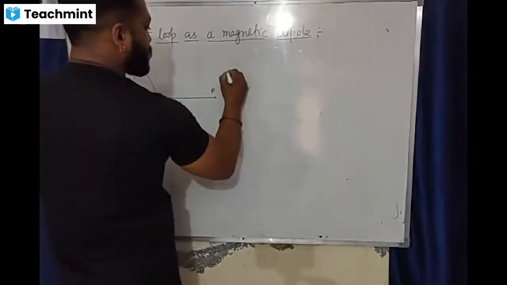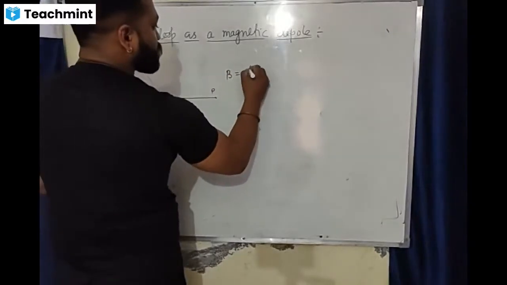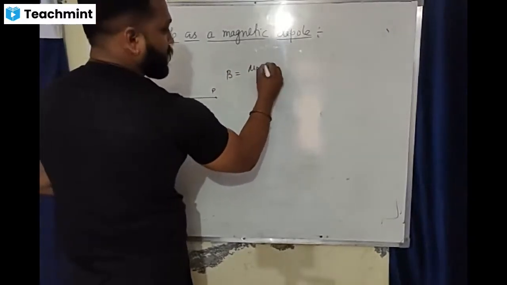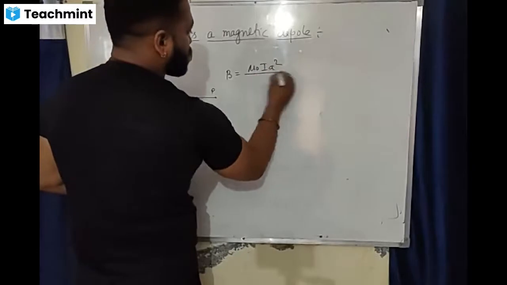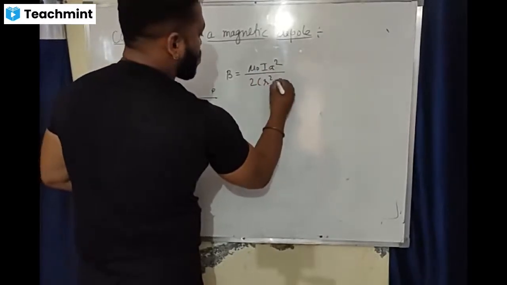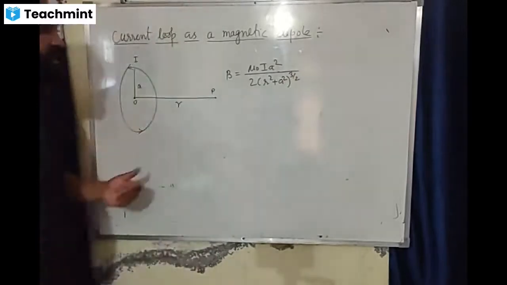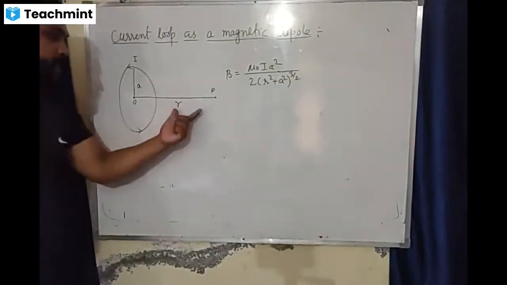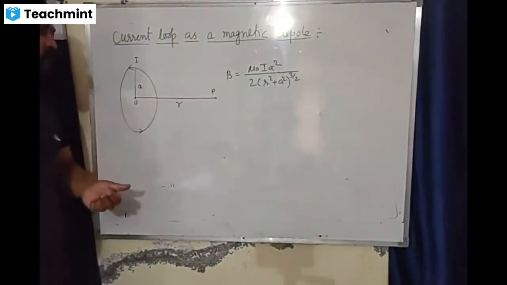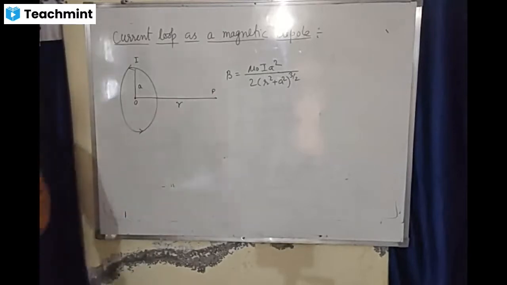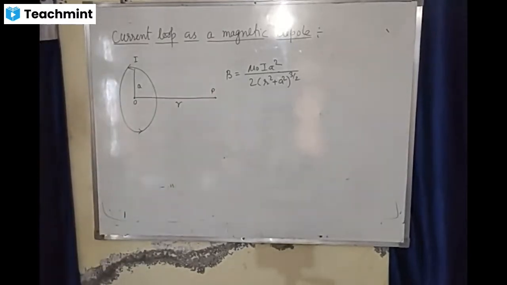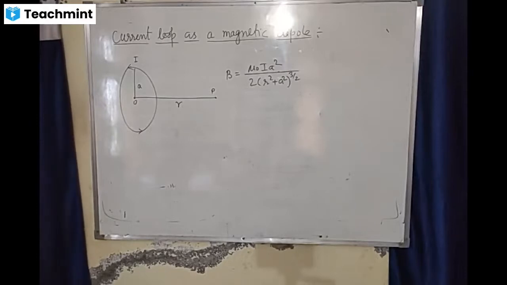Here the magnetic field is given by B equals mu naught I A square upon 2 (r square plus A square) whole power 3/2. This is the magnetic field at the axial point due to a current carrying circular loop.